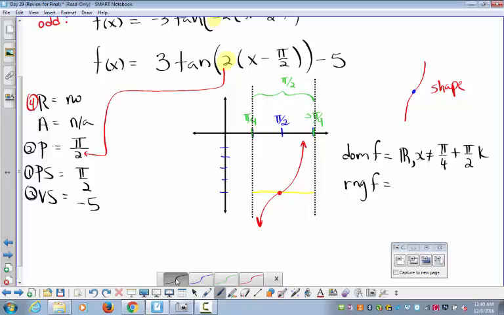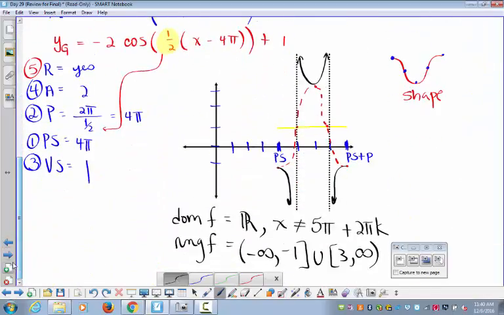Because one period of tangent or cotangent is in between 2 consecutive asymptotes. So for tan or cotan, the period is the distance between consecutive asymptotes. But for sine or cosine as guide functions, for secant or cosecant, the distance between consecutive asymptotes is always half the period, 2 pi.